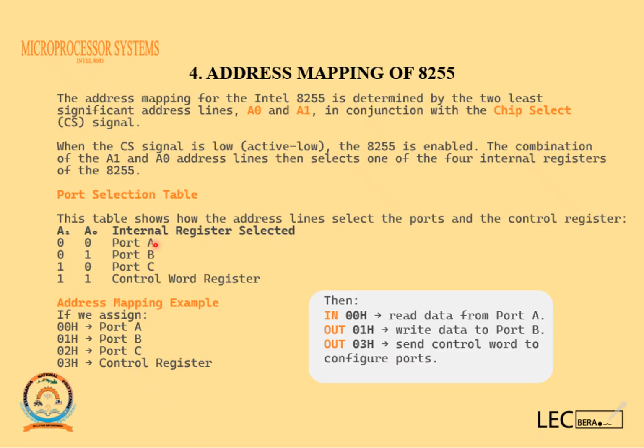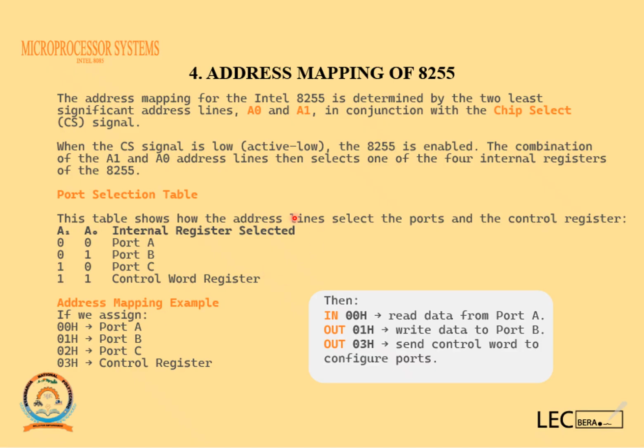So these are different registers. We have a register for port A, a register for port B, a register for port C, and then the control word register. A total of four registers to be selected using the A0 and A1 address lines.